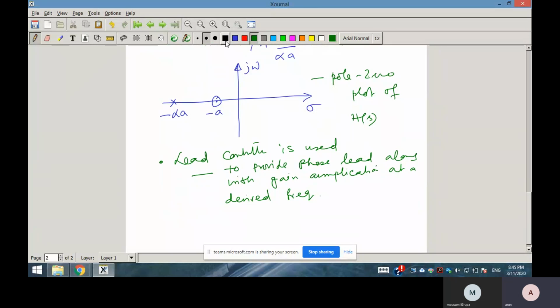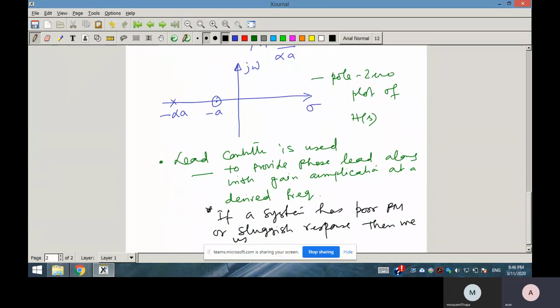So that means if a system has poor phase margin or sluggish response, then we use a lead controller.